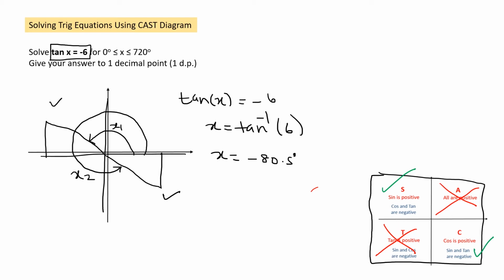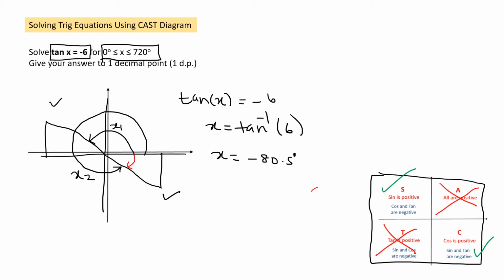We don't want negative values. We are looking for a positive value because our domain is from 0 to 720.